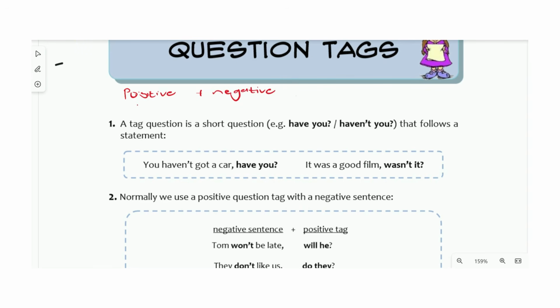If I say "is he?" with a question mark, and then I say "isn't he?" after a particular statement, the question might be, what's the difference between the two? This is a positive question tag because it is not contracted with the use of an apostrophe mark, and this is a negative question tag because it has been contracted with the use of an apostrophe mark.